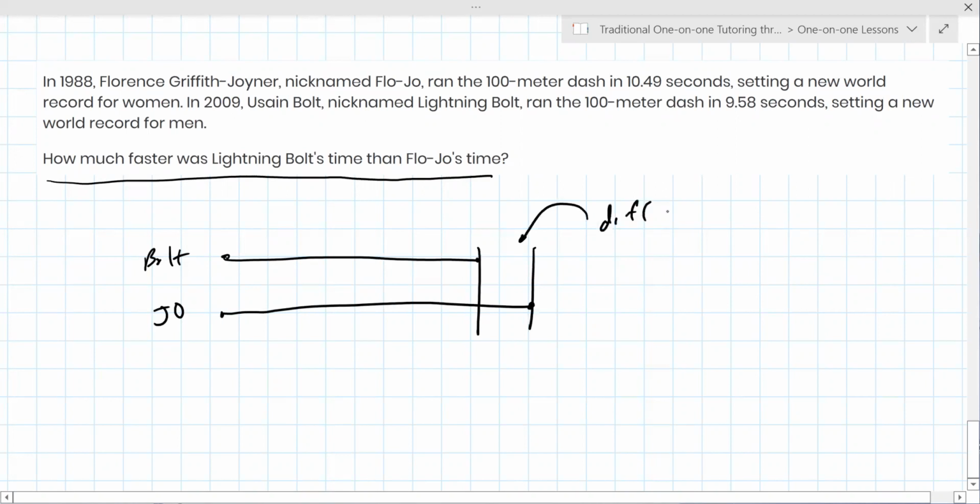Oh, okay. All right, so we're going to take the time of the larger one, 10.49, and subtract the 9.58. So go ahead and try this one, please. Okay. If you have a question, of course, let me know.